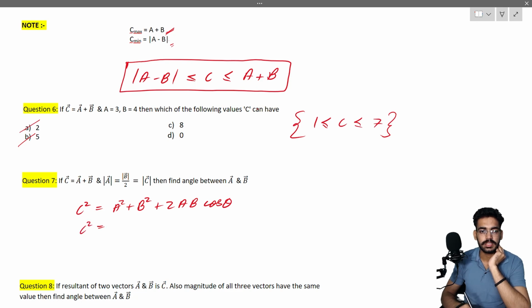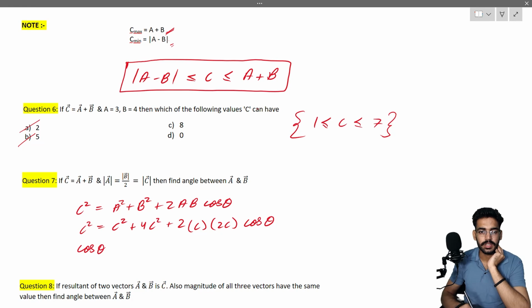So here it is C square, A in C terms will be C square directly, and B will be 2C, you square it, so it will be 4C square, plus 2 into A value, that is C, and B, that is 2C, into cos theta.